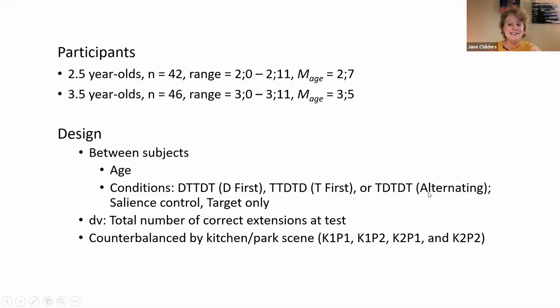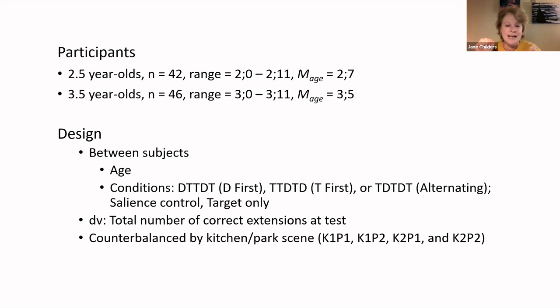And actually, that was Dedre's idea. When I was talking to her about this, she was like, well, did you try alternating? So I added that. Notice in all of these, they all have 3 target events and 2 distractors. We also ran 2 other conditions, a salience control and a target only. In salience control, we just showed them test trials at a point.